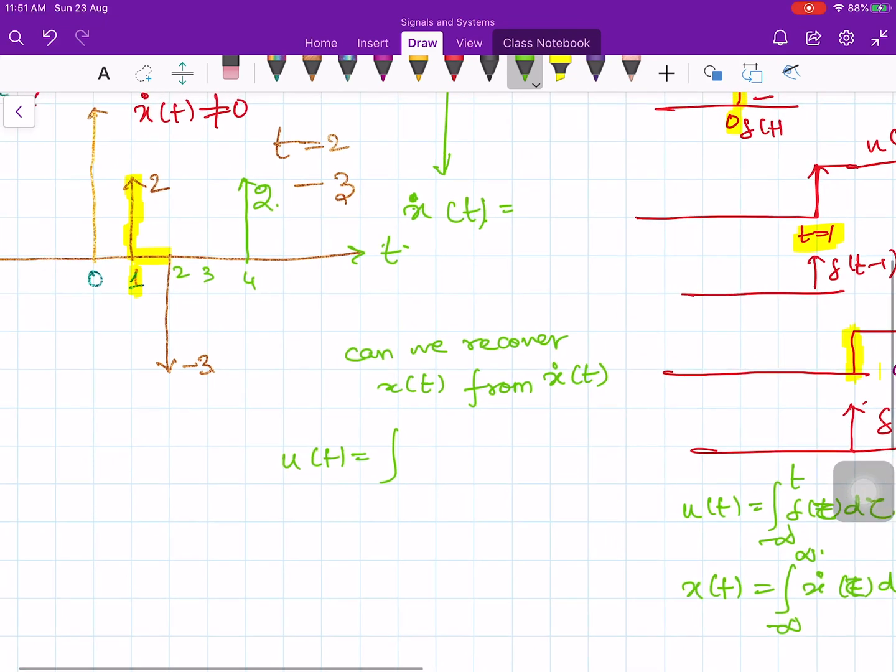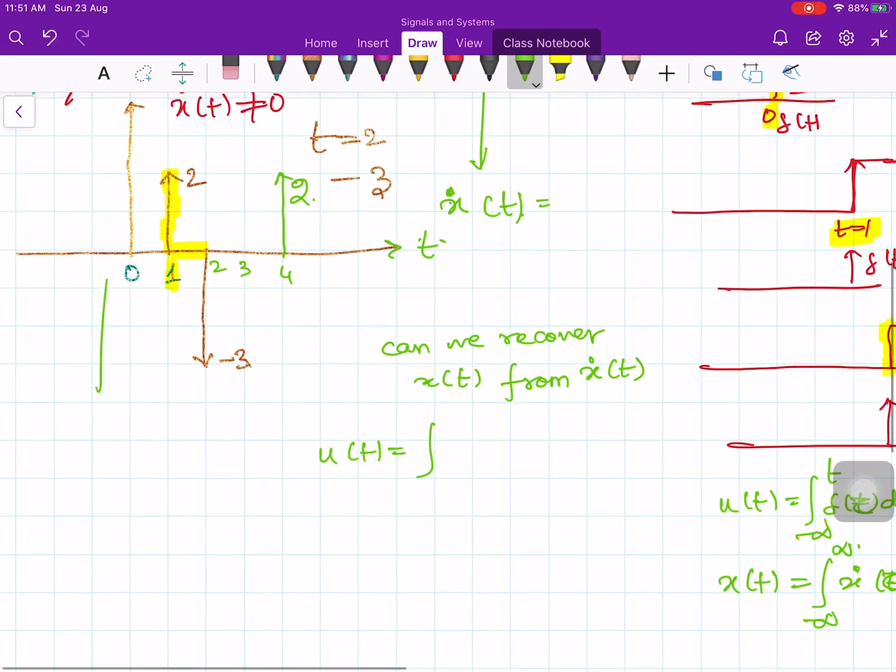Now I am going to take this function and do the integration, region by region. You can first consider one region, do the integration, and then consider the second region. First let me consider t less than 0.